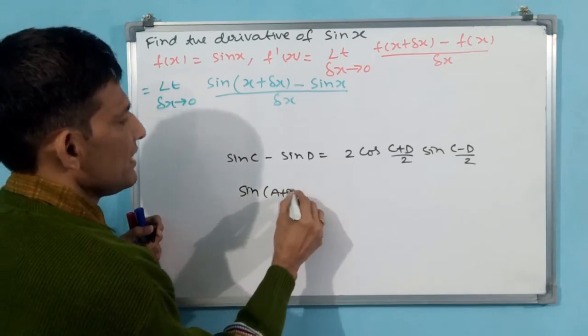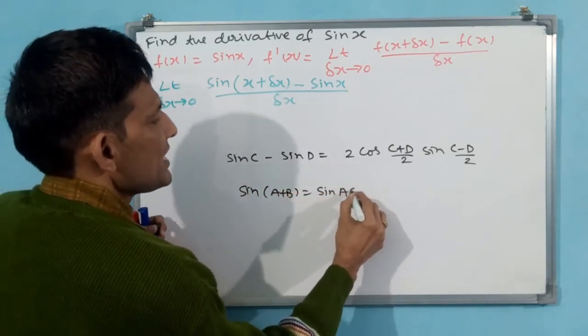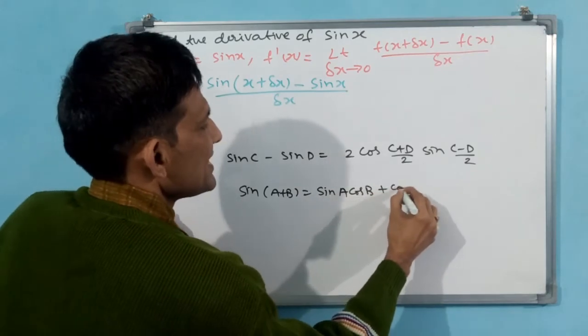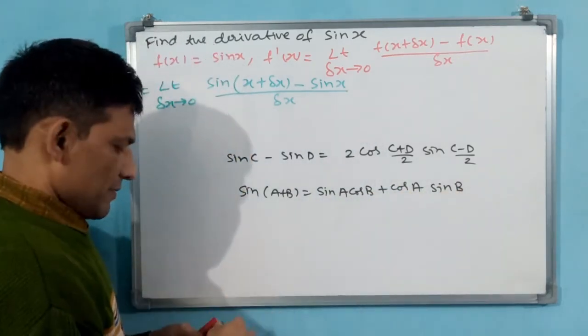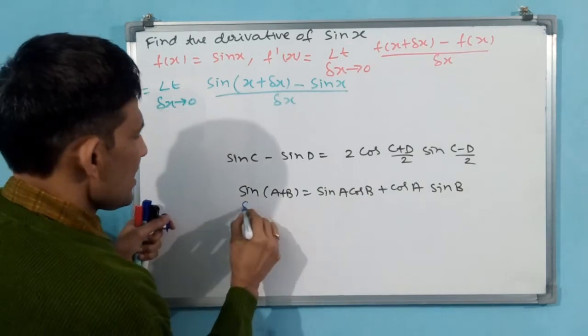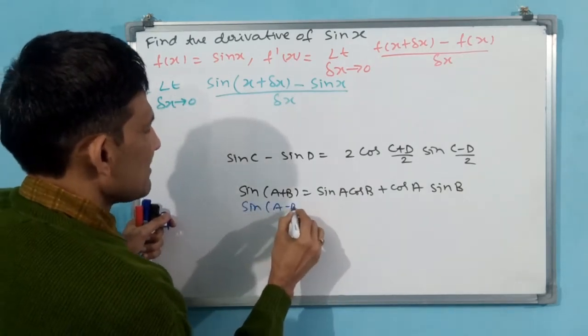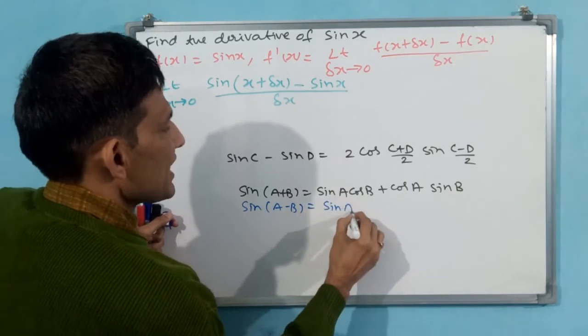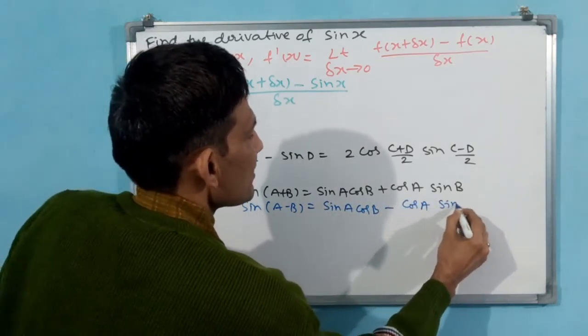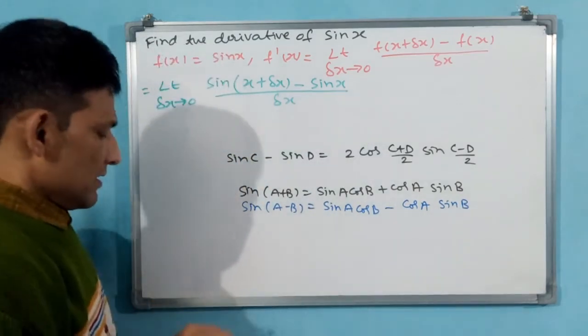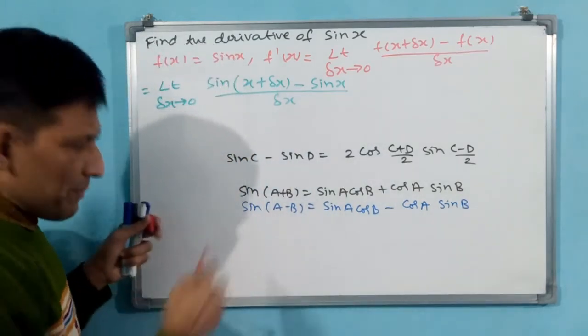Sin a plus b is equal to sin a cos b plus cos a sin b. Sin a minus b is equal to sin a cos b minus cos a sin b. Now you subtract.